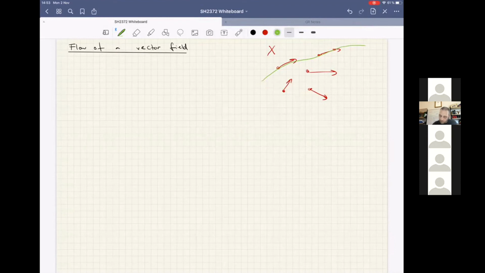So this is a family of curves that looks something like that, right? So for these curves, at each point that they pass through, X is going to be the tangent at that point. So we define the flow of a vector field.